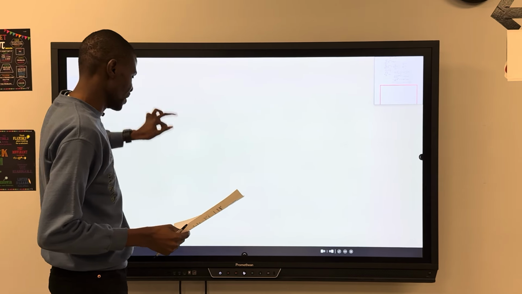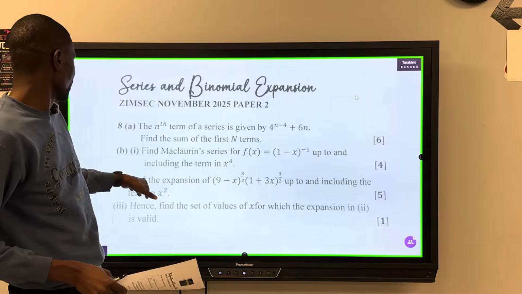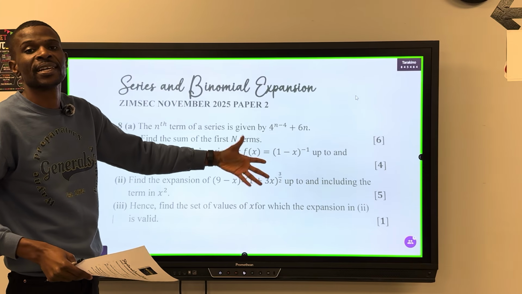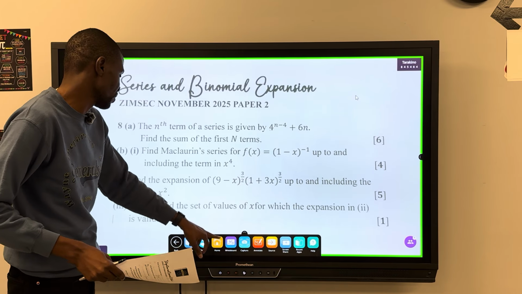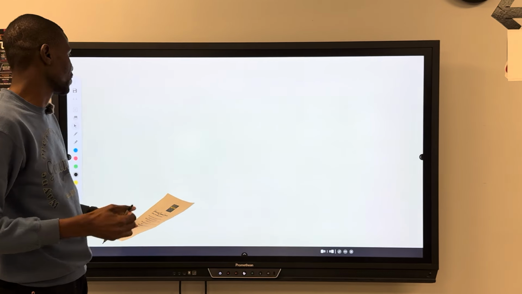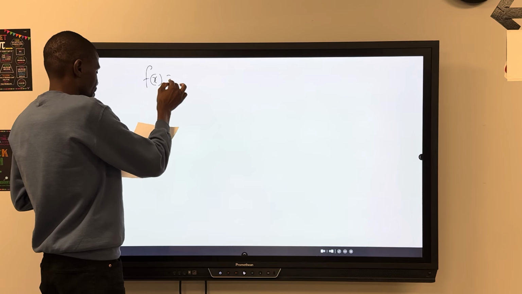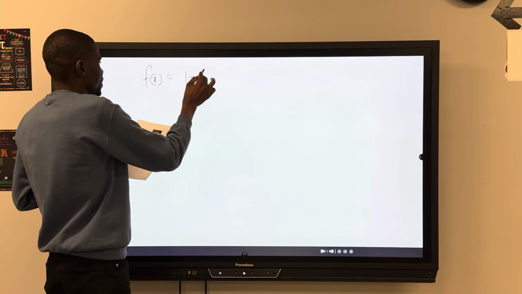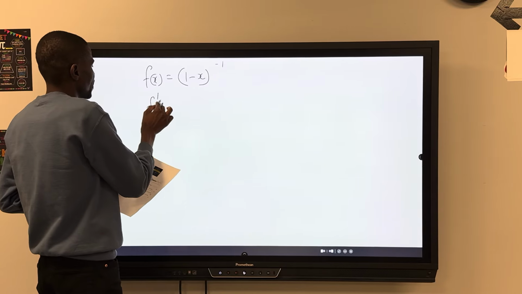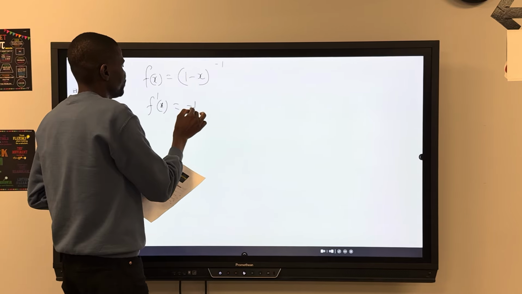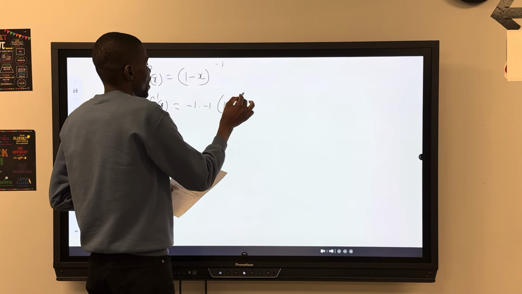So on part B, it was Maclaurin. So part B of the question is we need to find the Maclaurin of (1 minus x) to the negative 1. All right, so remember, if it's up to x to the fourth, we have to differentiate 4 times. So in this case, if our f of x is equal to (1 minus x) to the negative 1, our first derivative, we bring down the power, we multiply by that, then we subtract 1 from the power.